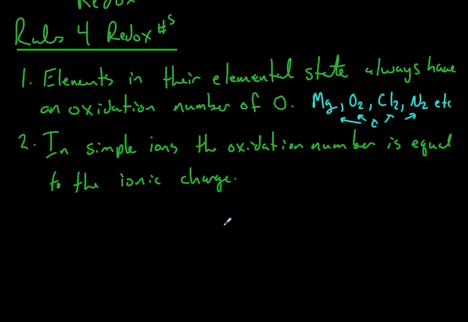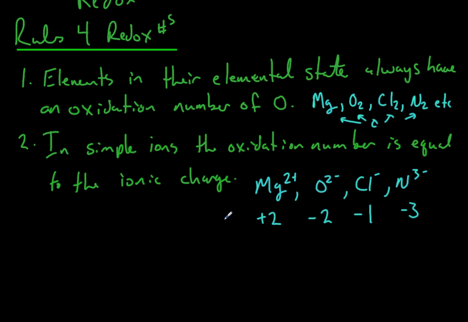With ions, their oxidation numbers are exactly the same as their ionic charge. Now, when you're writing oxidation numbers, you don't write them like ions, you write them like this. Okay? So these are the oxidation numbers of those ions.